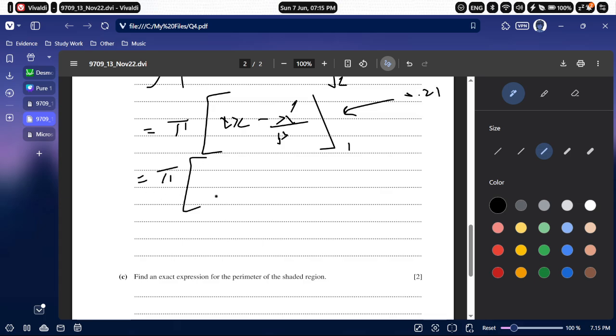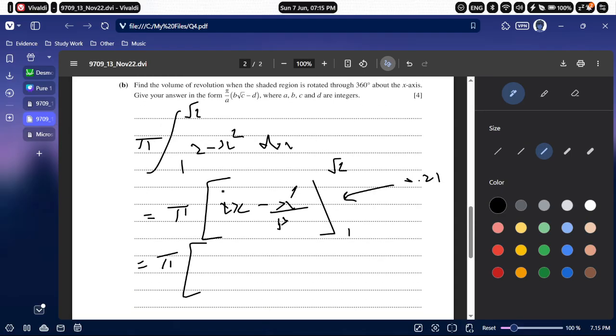Okay, so now you input root 2 first. So 2 root 2. Oh my god, my handwriting is so bad. Minus, it was x cubed over 3, right? So root 2 over 3.